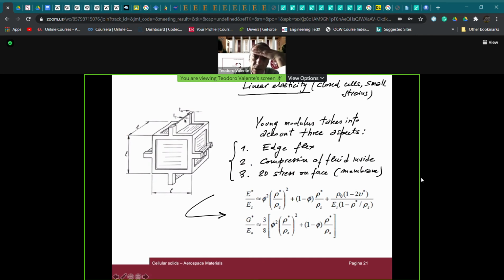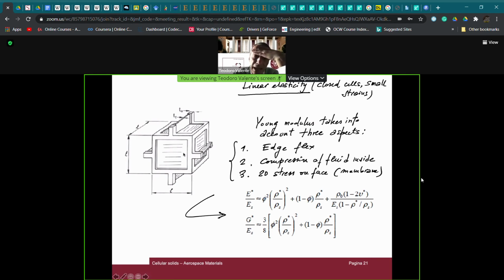So we do have flexural contributions due to the membrane bidimensional stress state on the faces, which, to some extent, being a material to be deformed, add resistance to deformation due to the applied load.